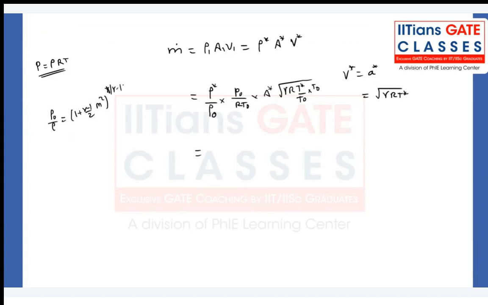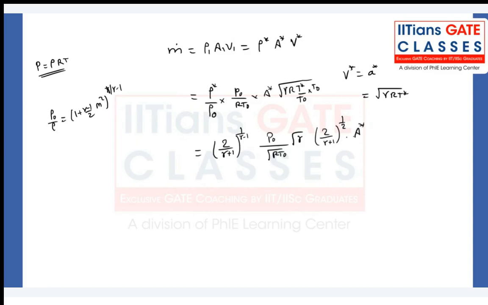If I put M equal to 1 for the throat condition, this comes out to be 2 by gamma plus 1 to the power of 1 by gamma minus 1, and P naught divided by root of R T naught. Here I am taking R T naught common, so this becomes root of R T naught. T star by T naught can again be written in terms of 2 by gamma plus 1, so that is 2 by gamma plus 1 to the power of 1 by 2 times A star, right?